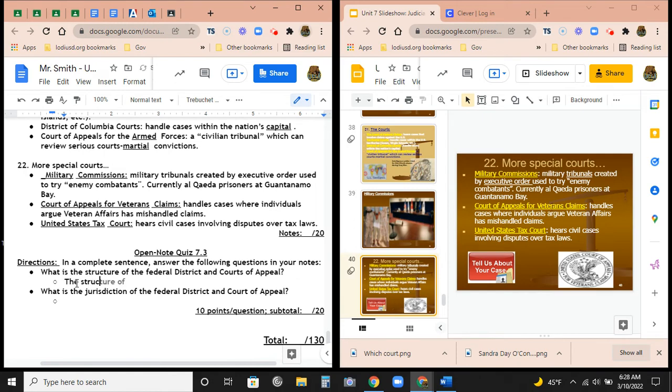Structure, I would answer each part of this separate. It's going to make it easier.